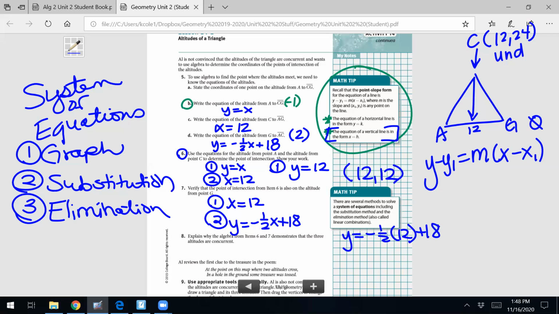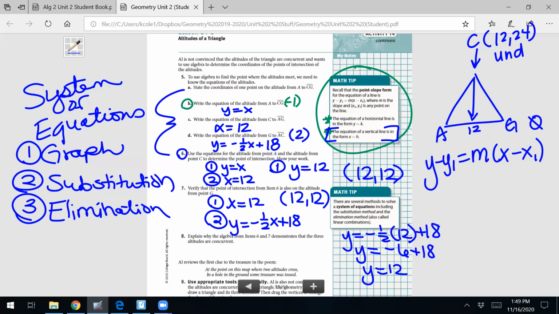And that's going to give you your y. What's negative 1/3 times 12? What's negative 6 plus 18? So y equals 12. Is that what we think it's going to be? Yes. So that system of equations, all three of these, has the same solution, and that solution is 12, 12. Got it?